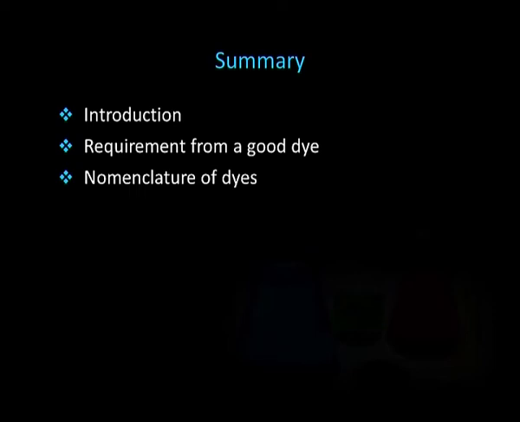In this we have discussed in detail the nomenclature used by the producers, that is manufacturers, as well as the nomenclature normally used for the purpose of dyeing, which has a color index and color index name. Color index has a 5-digit number and color index name has a particular specification showing the details about the dye.